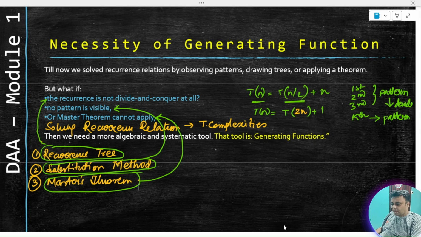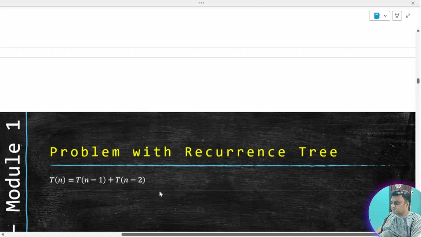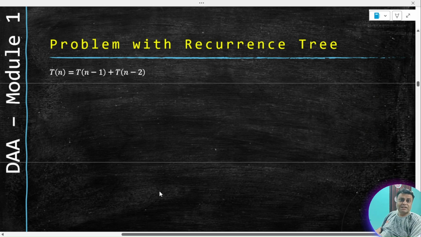Now let us see what are the specific problems with a recurrence tree. I'll shortly introduce you to the generating function, but first let us see the problems with the three methods, right?